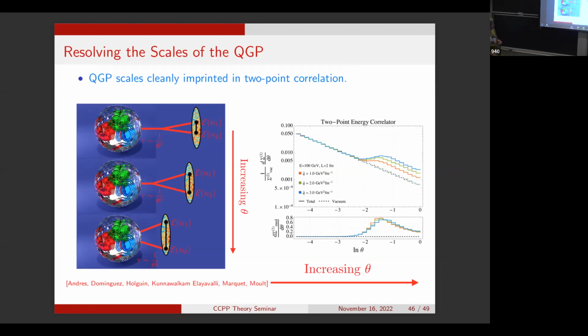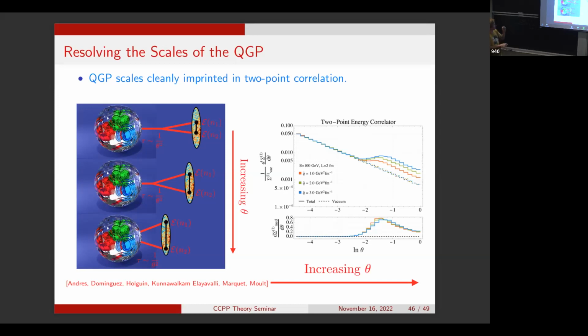And so what you can do, for example, with this 2-point correlation function, is that now you have some scale. If you think of a 1 to 2 perturbative splitting process, it is essentially characterizing how long this particle lived before it split into 2 particles. So it's like its lifetime.